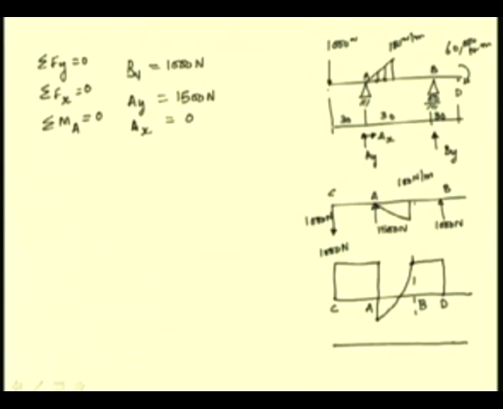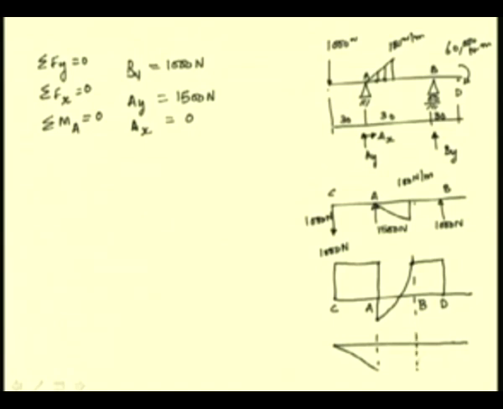The area under this curve in this portion CA constantly increases, and the bending moment is negative of the area under the shear force curve. So, it has to be linearly increasing, and then for this portion it is a little more difficult to directly determine.